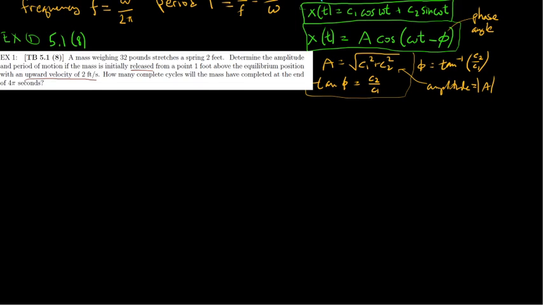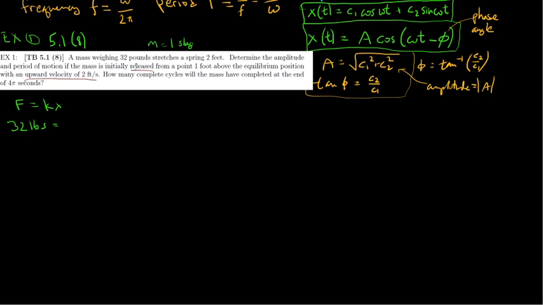Okay, so let's see. What do we know? Well, we know from Hooke's law that F is equal to K times X, and F is the force, that's the 32 pounds. So they didn't even mention that the mass here is 1 slug. But you'll see in other problems they mention slugs for mass.